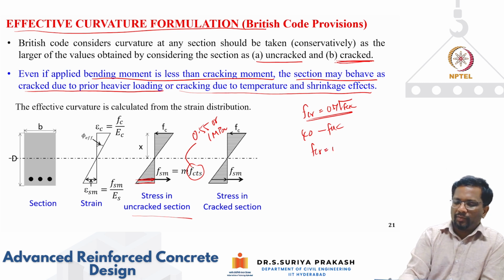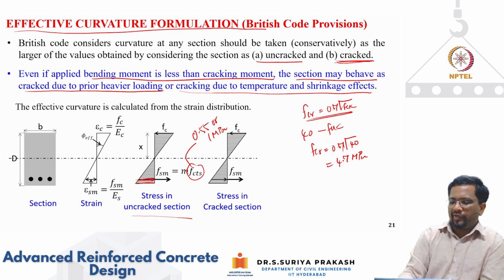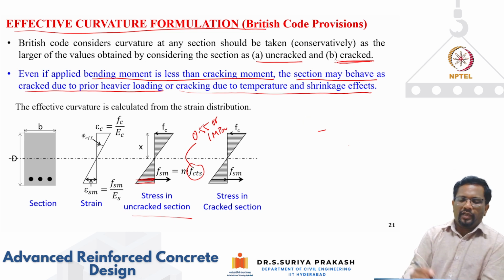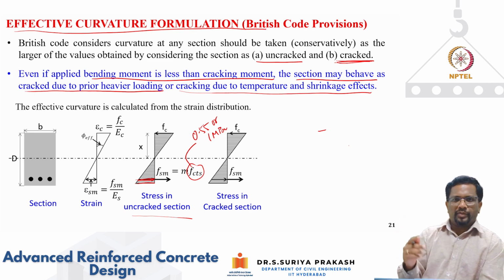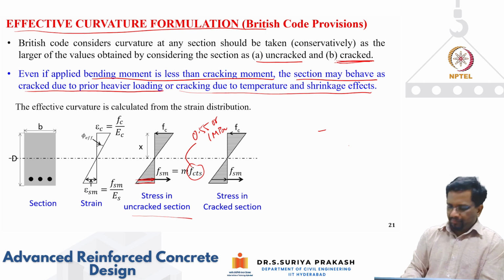You will work out 0.7 times square root of 40, which will be about 4.7, a much higher value at cracking. However, the code says you take only a stress of 0.55 or 1 megapascal at the level of steel, depending upon whether you are doing short-term or long-term deflection. So that is the stress that we are going to fix.